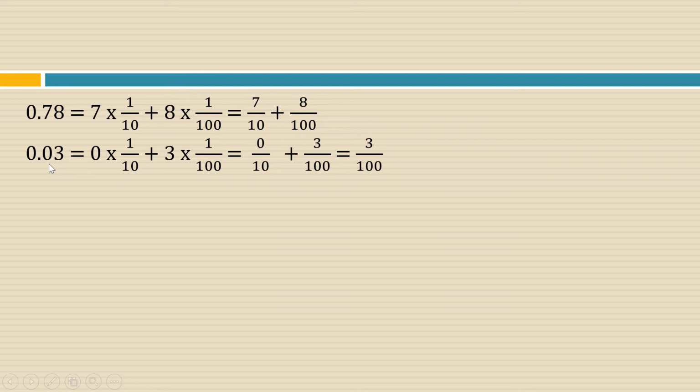That is 10th place 0 and 100th place 3. 0 into 1 by 10 plus 3 into 1 by 100 equal to 0 by 10 plus 3 by 100. 0 divided by any number equal to 0. Then it is equal to 3 by 100.